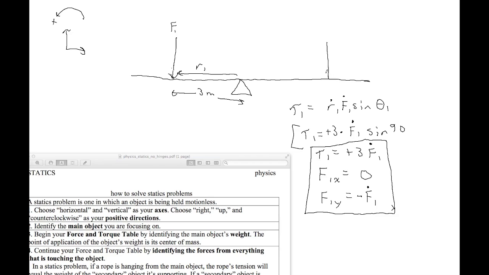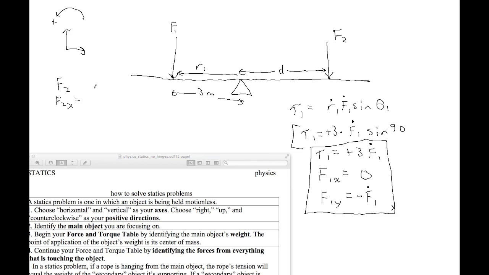So let's analyze force 2. First of all, what would be the x component for force 2?